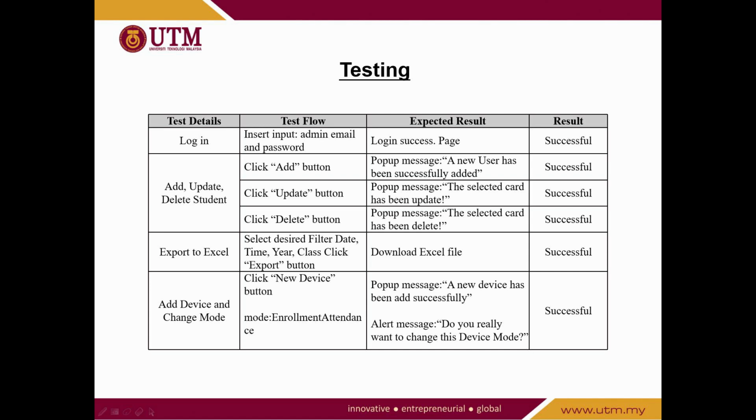Basically, black box testing is used to compare the test flow used by the user against the expected result. More explanation on black box testing will be included in my report.